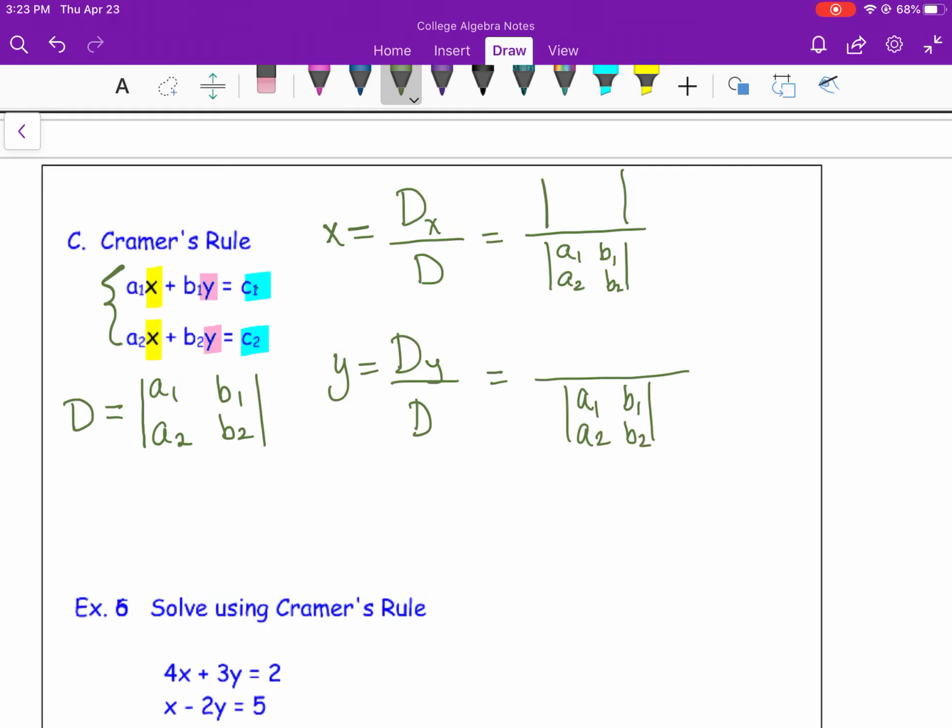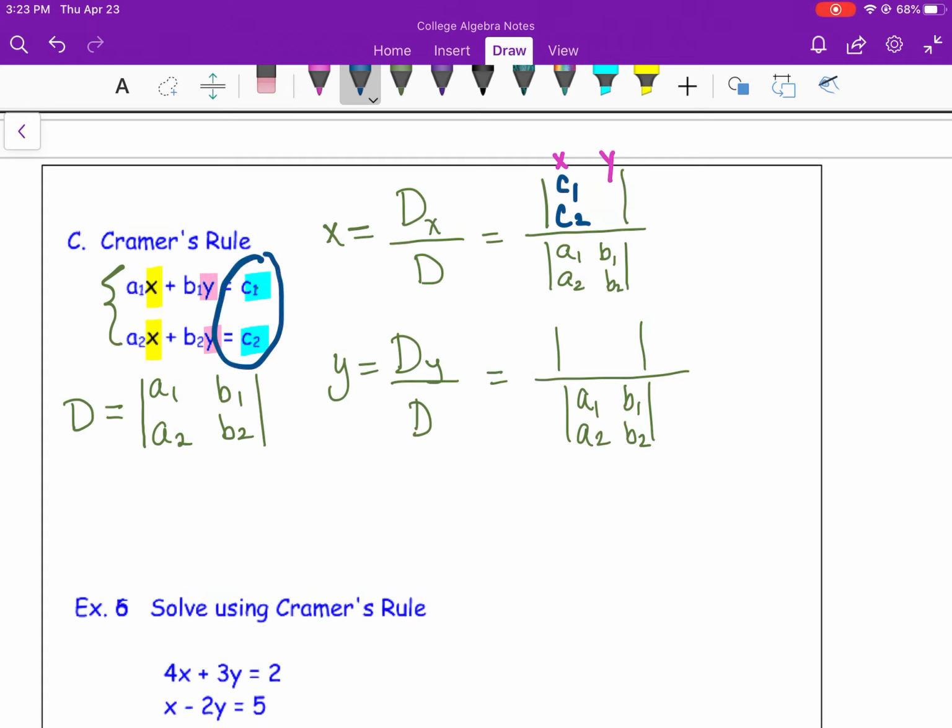Now, pretend like you have here an x column and a y column. If you're going to find the elements for the determinant for x, the numerator's determinant, then if you're finding x, these two constants are going to be replaced with c1 and c2. And those are the constants from right here.